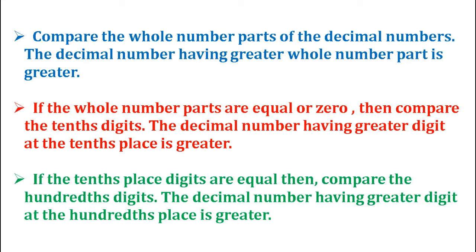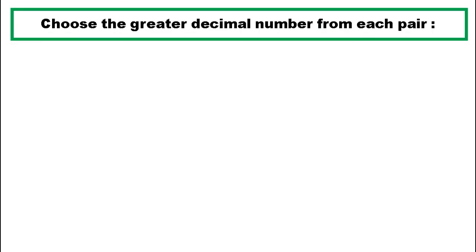Now, using these 3 steps, let us solve another question, where the question says, choose the greater decimal number from each pair. Let us look at the first pair, where there are 2 numbers, 5.9 and 8.30.